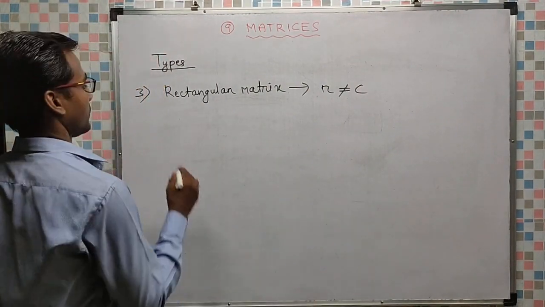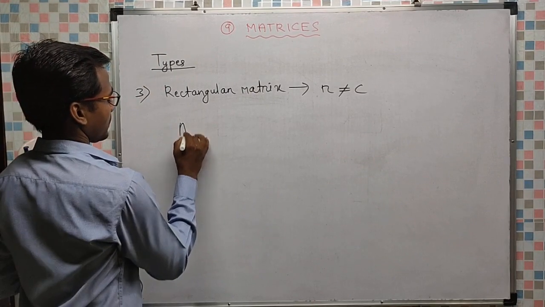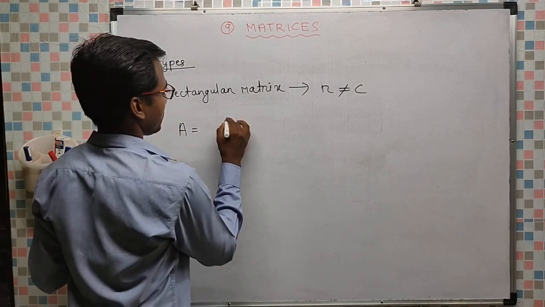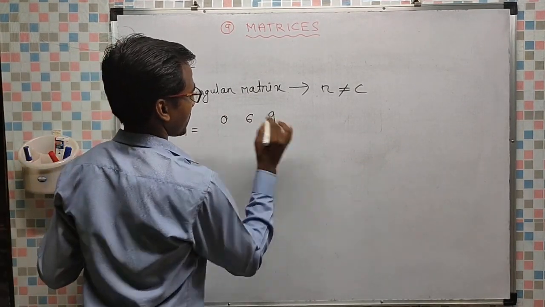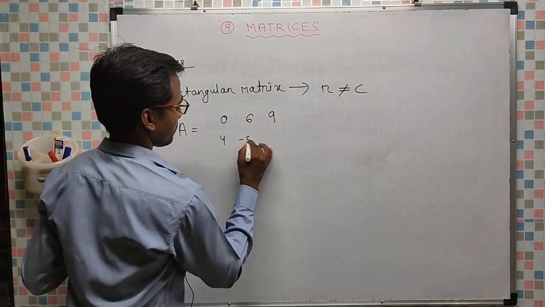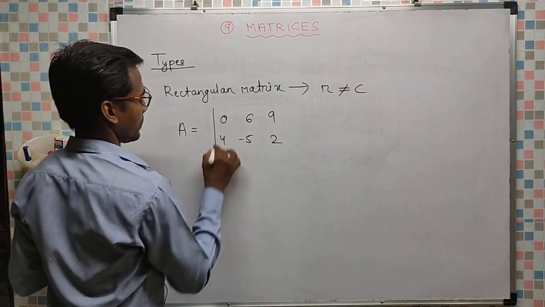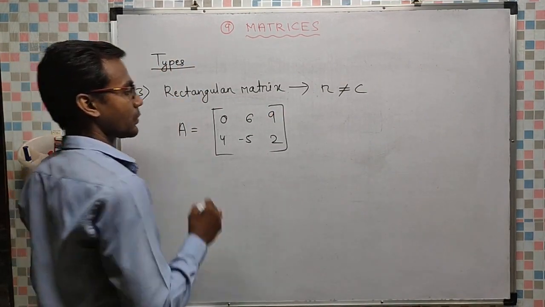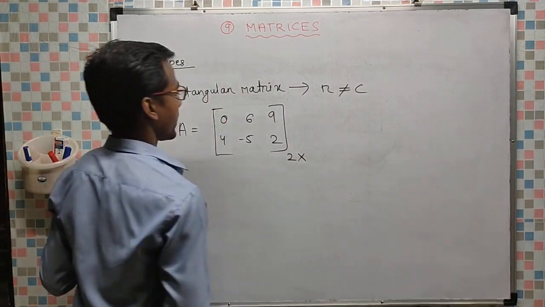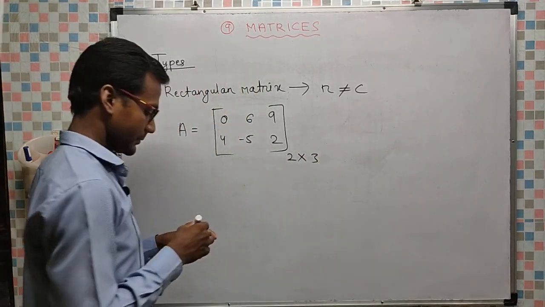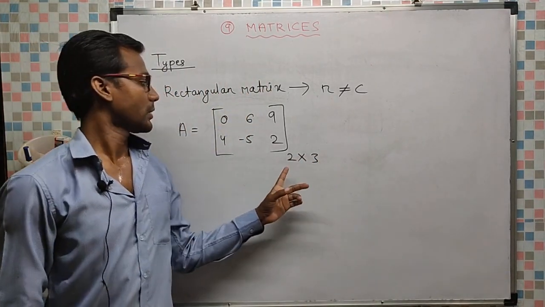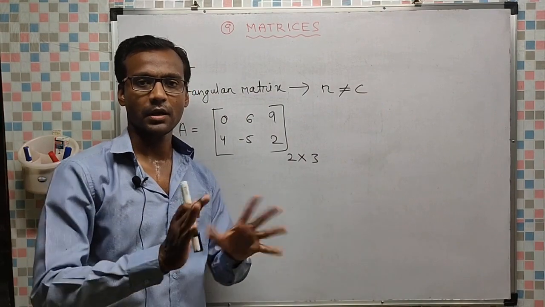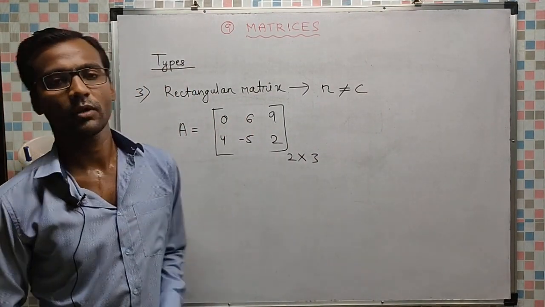For example, A is equal to 0, 6, 9, 4, minus 5, 2. As you can see, it has 2 rows and 3 columns. So you can see number of rows and number of columns are different. So this is an example of rectangular matrix.